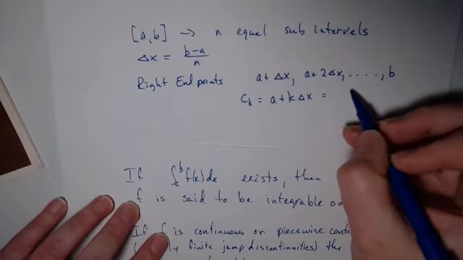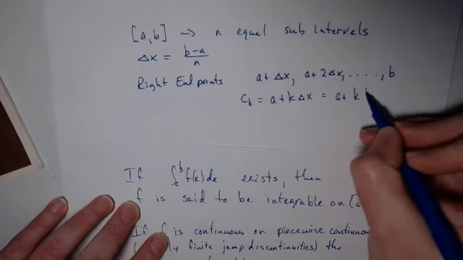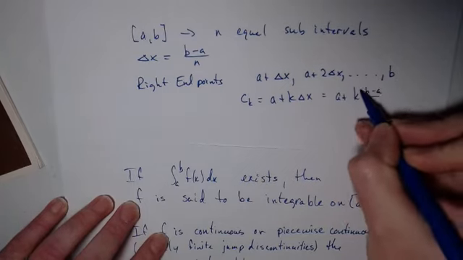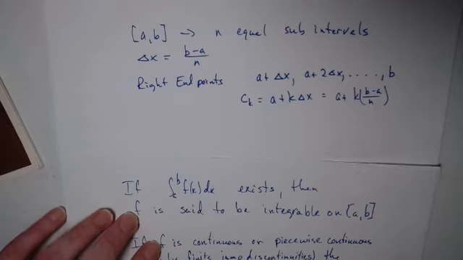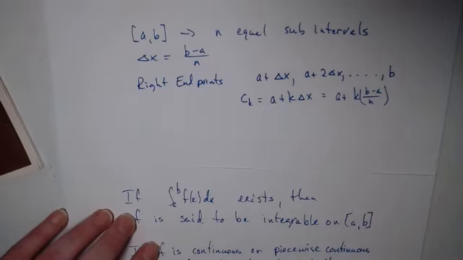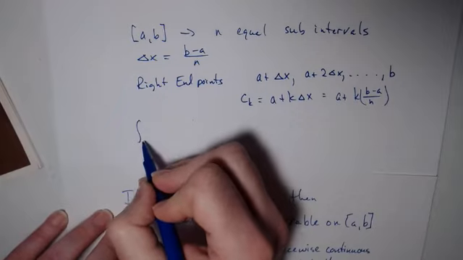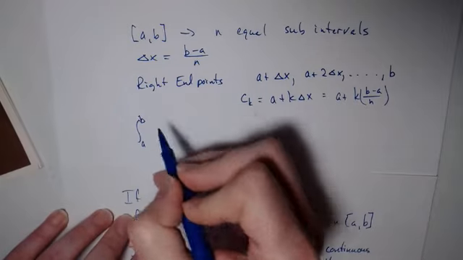Our book likes to write this as a plus k times b minus a over n. They don't like to call it delta x there. I do, but once you're actually evaluating it, you do want to switch back in, so it's probably the same either way.